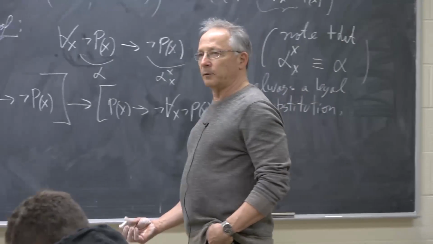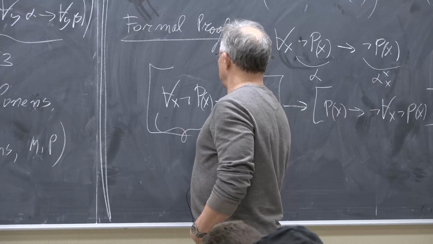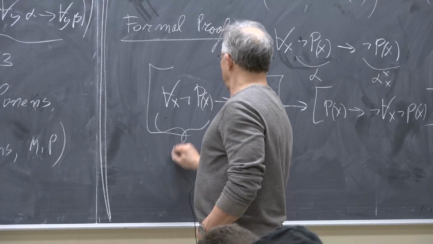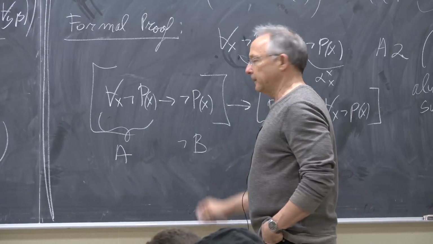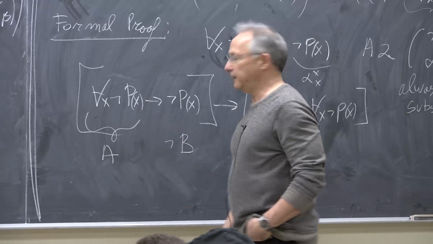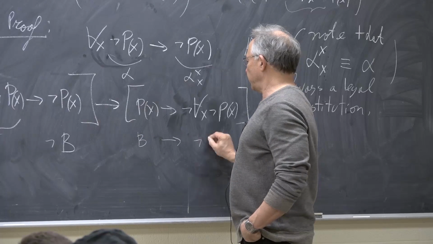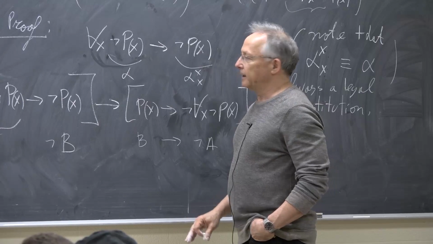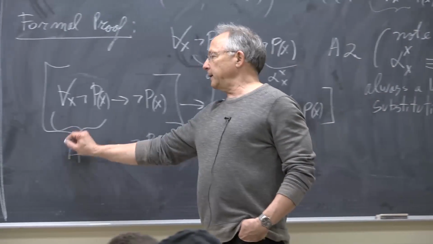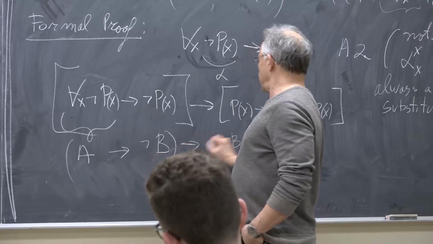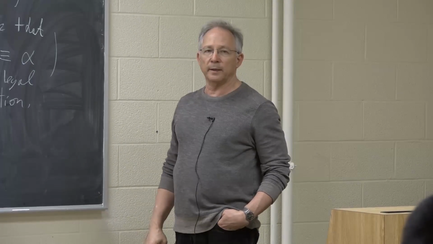If I break it down to propositions, call this guy A, and this guy not B. So P of x is B, and this is A. What I have here is B arrows not A. So if I break it down with the propositional connectives as much as I can, I get the formula A arrows not B, arrows B arrows not A, which is a propositional tautology.